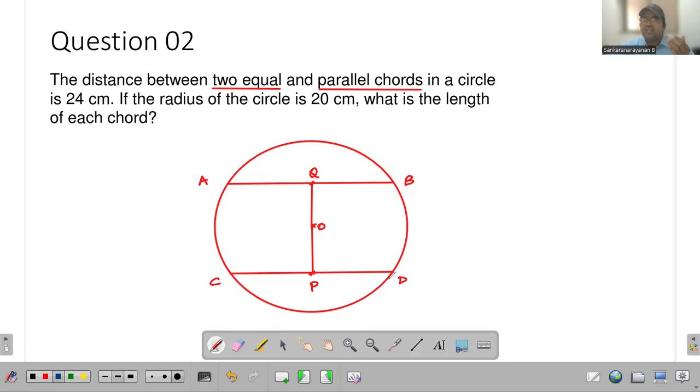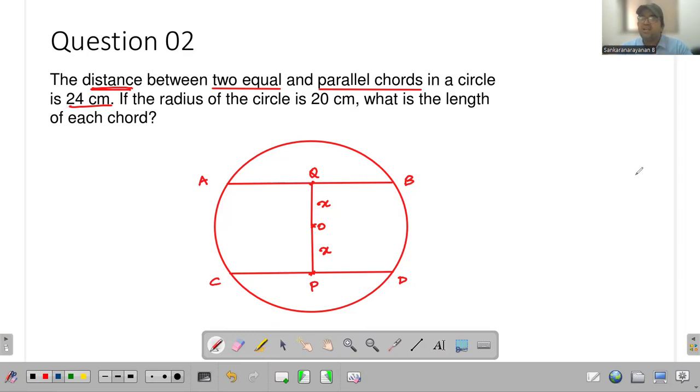Since equal chords are equidistant from the center, OQ is equal to x units, and OP is also x units. So OQ and OP are x units each. But it is given that the distance between these chords is 24 centimeters, and that they are parallel chords.